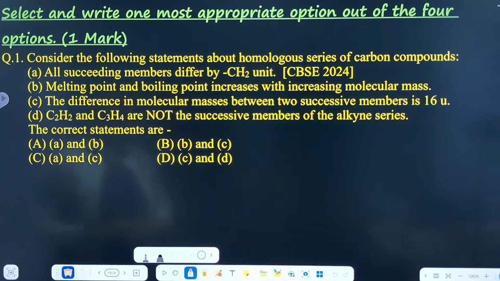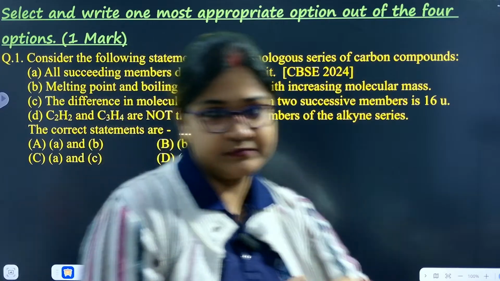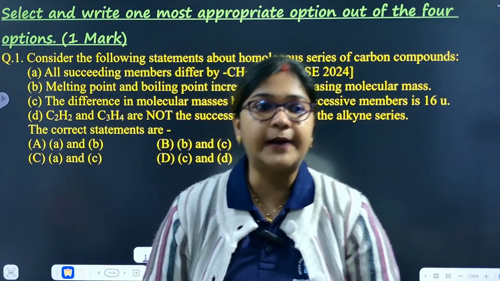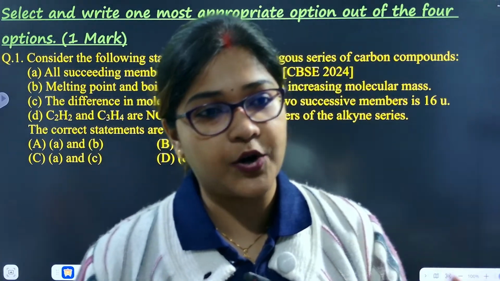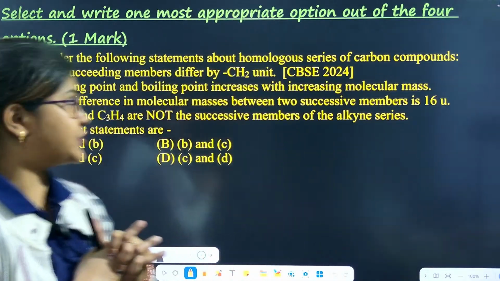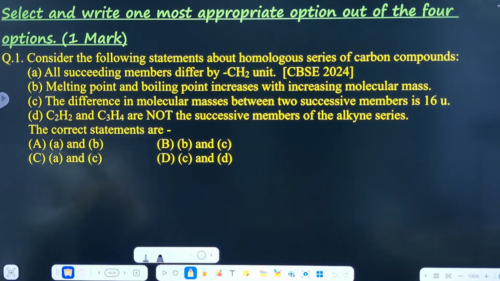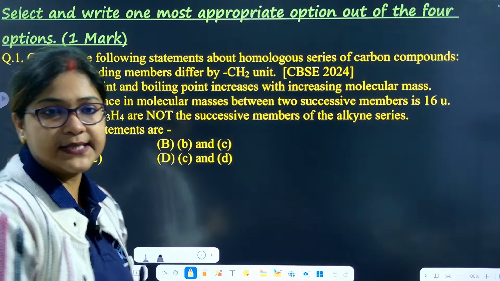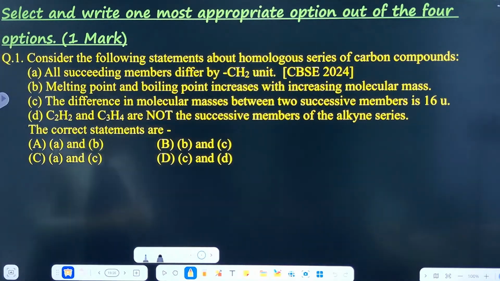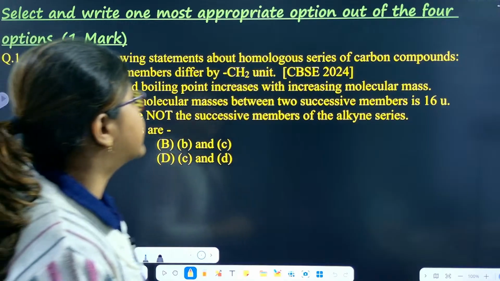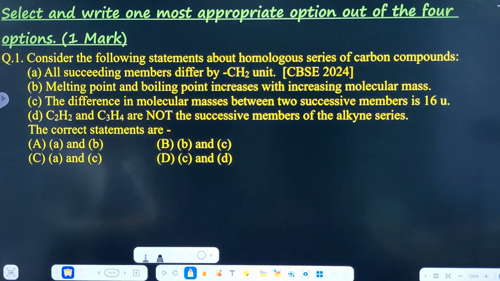Okay. Now ICSE, I have done some of the questions. I come down to some CBSE Organic Chemistry previous year questions. So if you see the first question, it has come in CBSE 2024. What is the question? Consider the following statements about homologous series of carbon compounds.